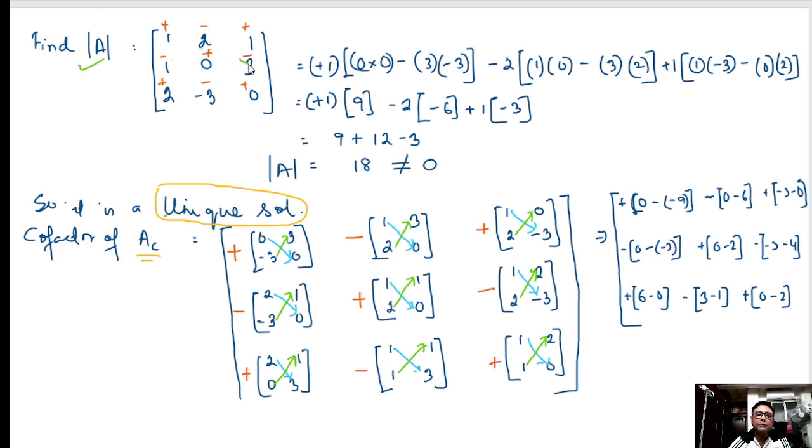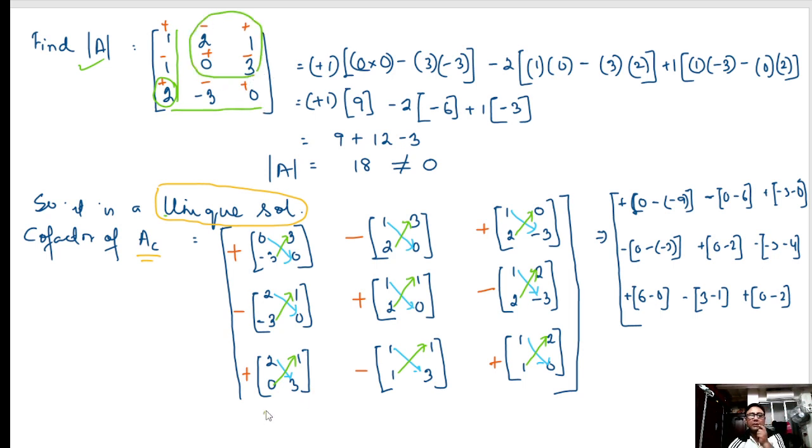If you take this position, you cannot take this column and this row. So what is left? 1 2 2 minus 3. So this is that thing. If you take this position, you cannot take this column and this row. You have to take this part.